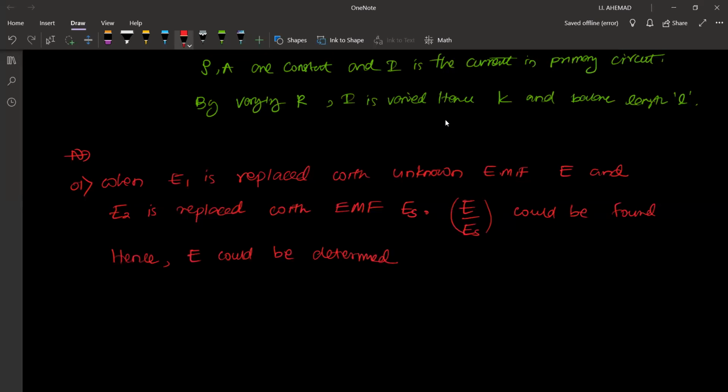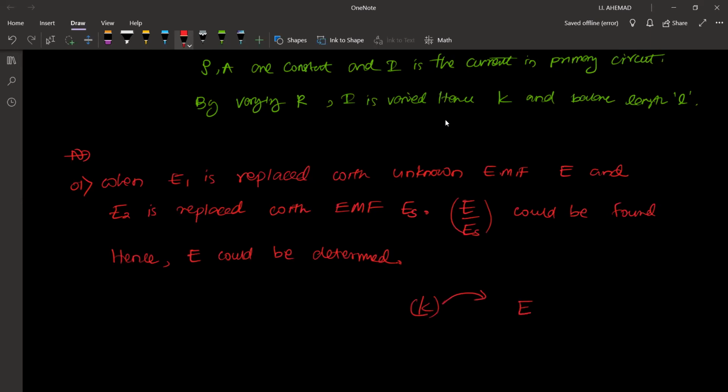So in the previous experiment, we found K. After finding K, we found E, right?